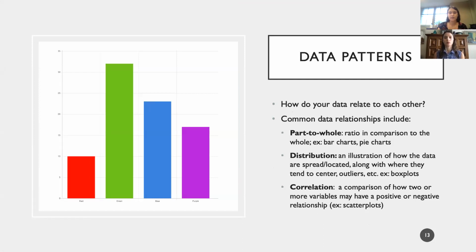So the next thing you're going to want to think about is how your data relate to each other. So if you're working with categorical variables, you're likely to be looking at percentages of the whole. So questions like, how many people in this field are women? What percentage of the time did a person participating in an experiment choose the correct answer?